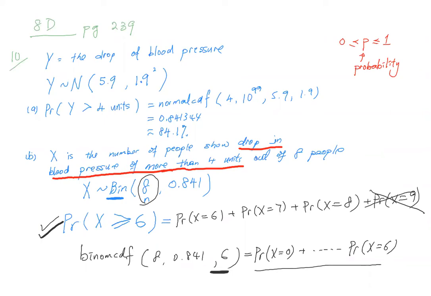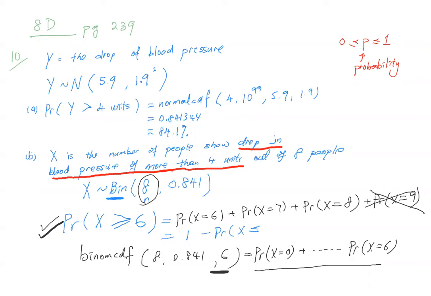So I want to make my life easier. I can write it as the total probability, 1, take away probability of X less than or equal to what? Brandon, 5. Thank you.